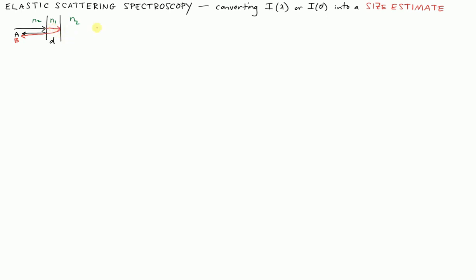So if we interfere A and B, the total field that we're measuring, EA plus EB, what's that going to be? Well, there's some initial electric field that was sent in there. Maybe we call that E0. And then beam A reflected off with some reflection coefficient. I'm going to call that R21 because it went from medium 2 and reflected off of medium 1. That's the Fresnel reflection coefficient, I mean.